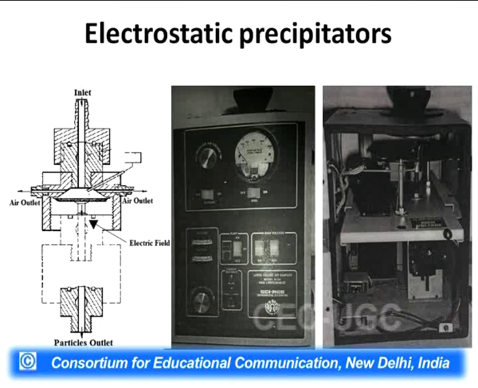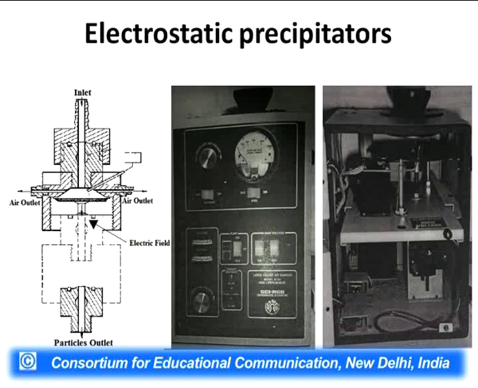So, here the picture of electrostatic precipitators is given. On the left hand side, we see the outlined picture of an electrostatic precipitator sampler, while on the right hand side there are 2 pictures, one showing the combined unit and the other showing the inside of the electrostatic precipitator.